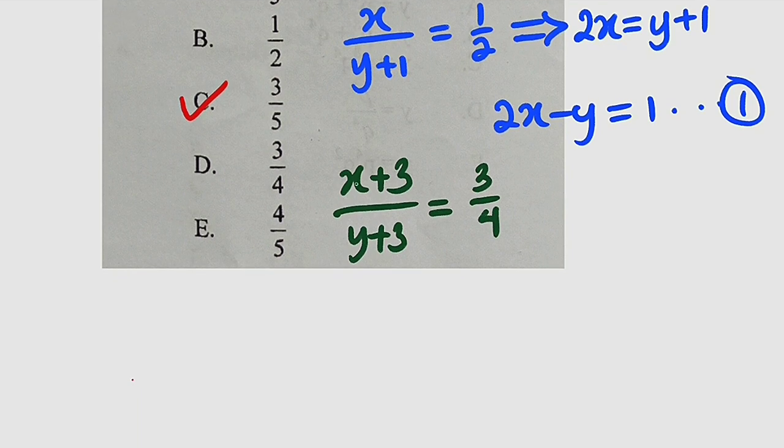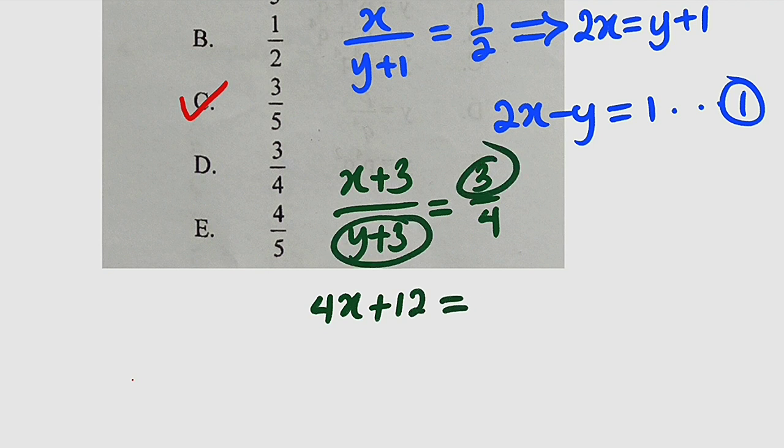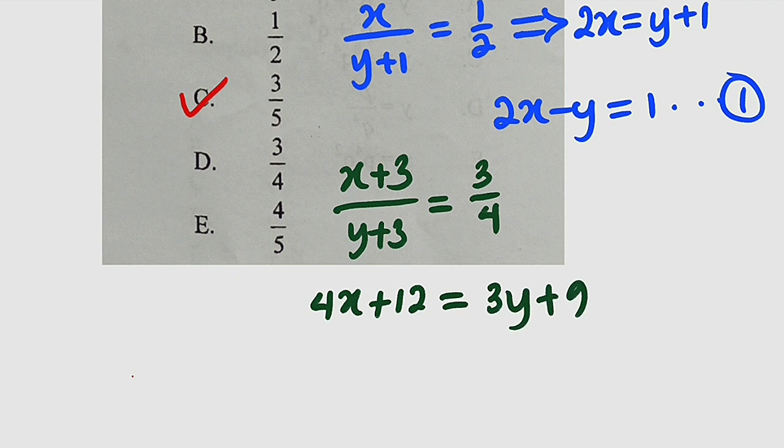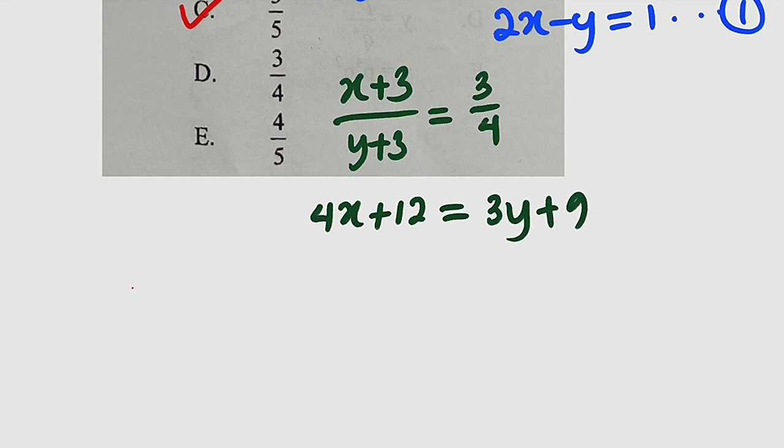So let's cross multiply. 4 times 3 plus x, that will give us 4x plus 12 equals, this times 3 will give us 3y plus 9. Bring everything to the left hand side and take constant to the other side. That is 4x minus 3y equals 9 minus 12 is negative 3. This is our second equation.